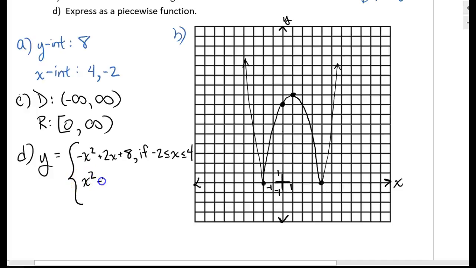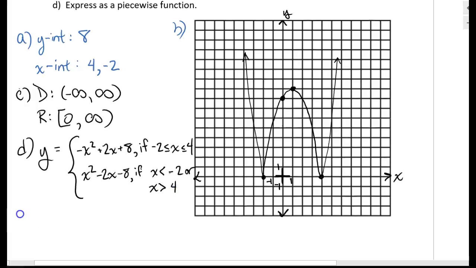It does change, so I change all the signs, not just my first one, if on two occasions, x is lower than, not equal to, just lower than negative 2, okay, left of negative 2, or x is greater than positive 4. So those two scenarios come to mind.